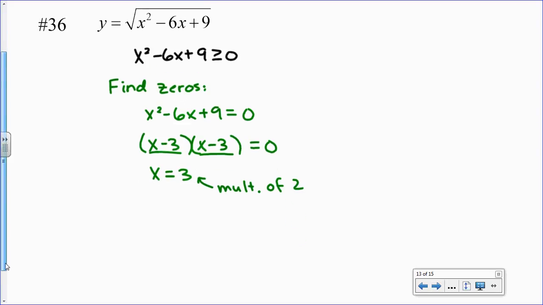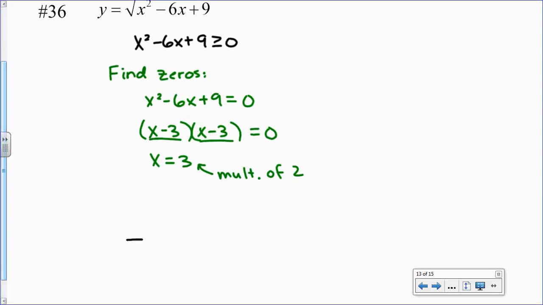Okay, let's graph this on the number line. Again, it's greater than or equal to, so closed circle. Multiplicity of 2 means on the graph it would, yep, bounce. What's the leading coefficient? 1. So does this open up or down?